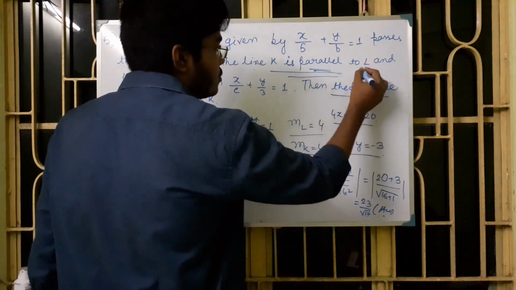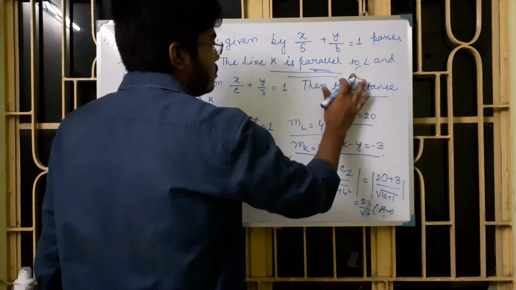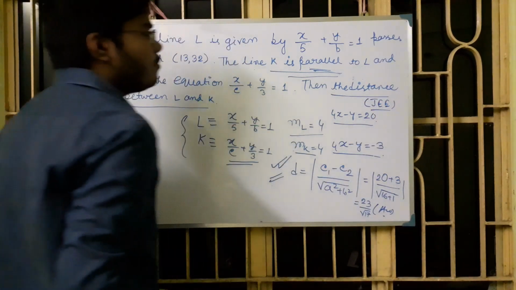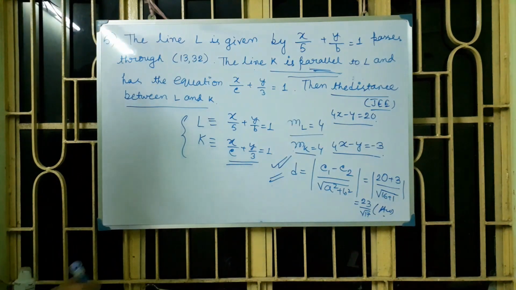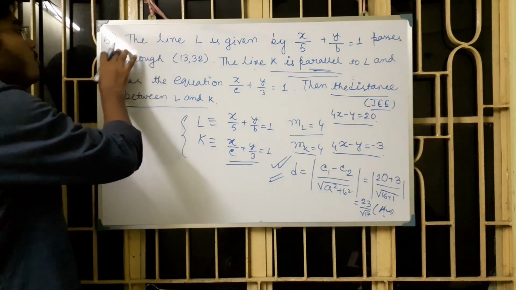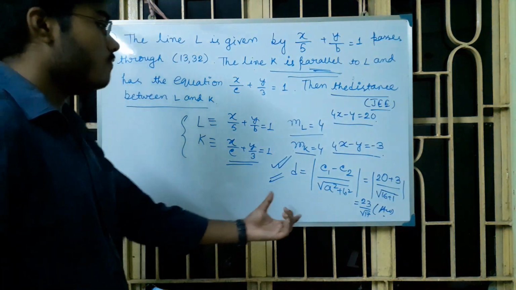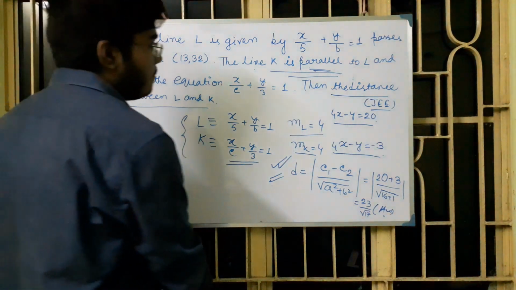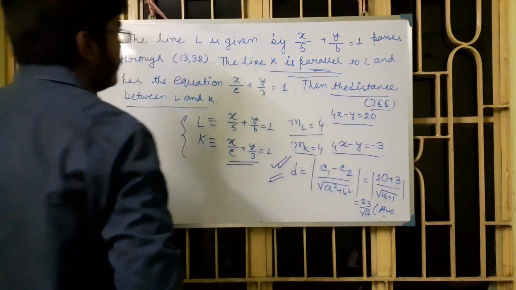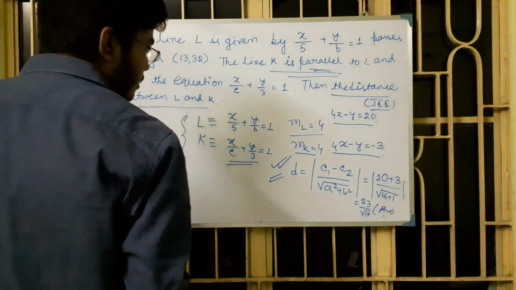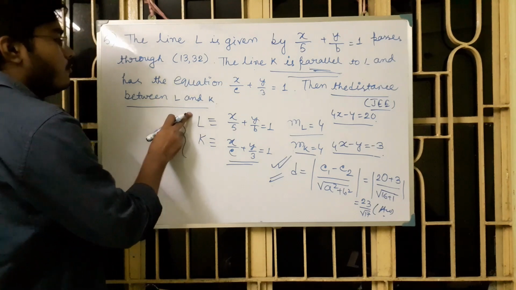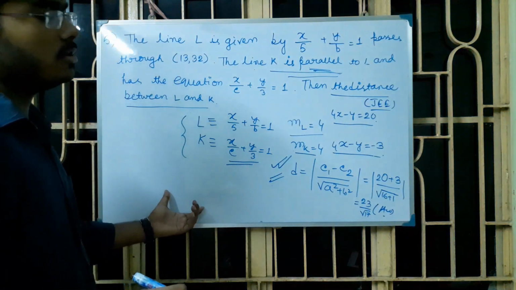This is also a question of JEE. And the problems are a little bit easy, but the problems will be easy when you know the formula and how to do that. So please continue with the video and solve the questions by these methods.